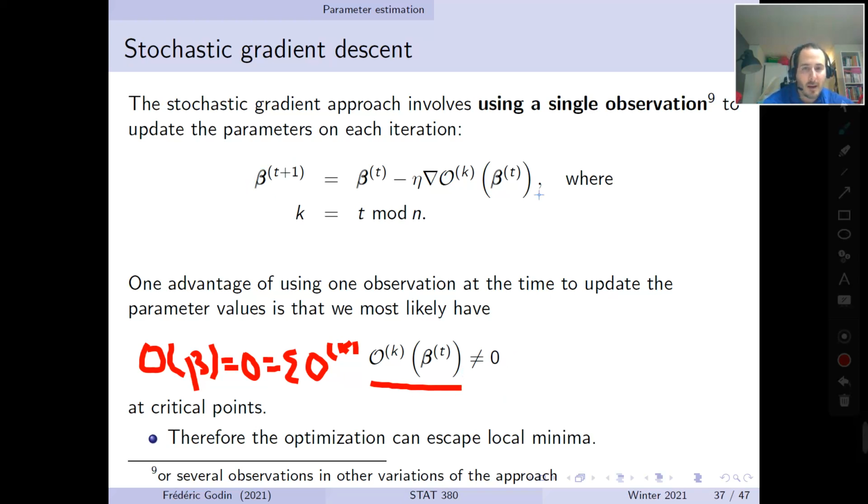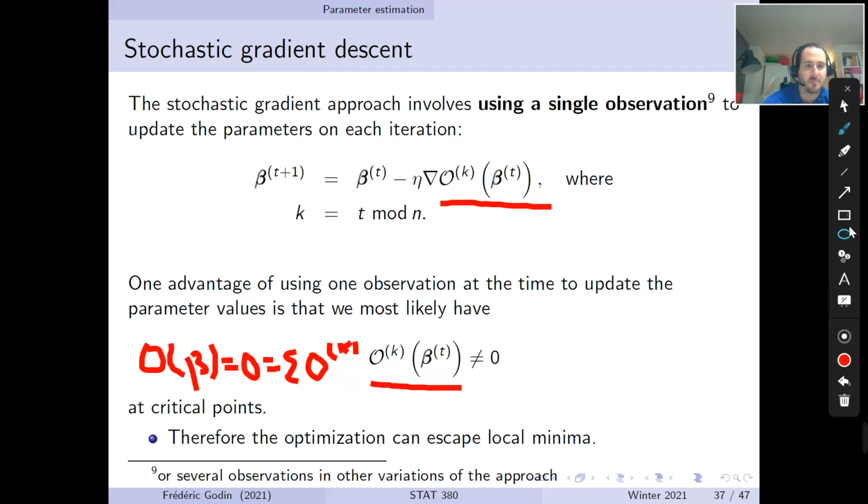So if you apply this, then what happens is that, let's say beta is a critical point of the objective function, then the component might not be 0 and your parameters might continue moving. So for that reason, your optimization can escape local minima in your function. So this is a desirable property of stochastic gradient descent, especially if you work with neural networks where the objective function is typically very bumpy. Then you have opportunities to escape local minima through these methods, which is very welcome.